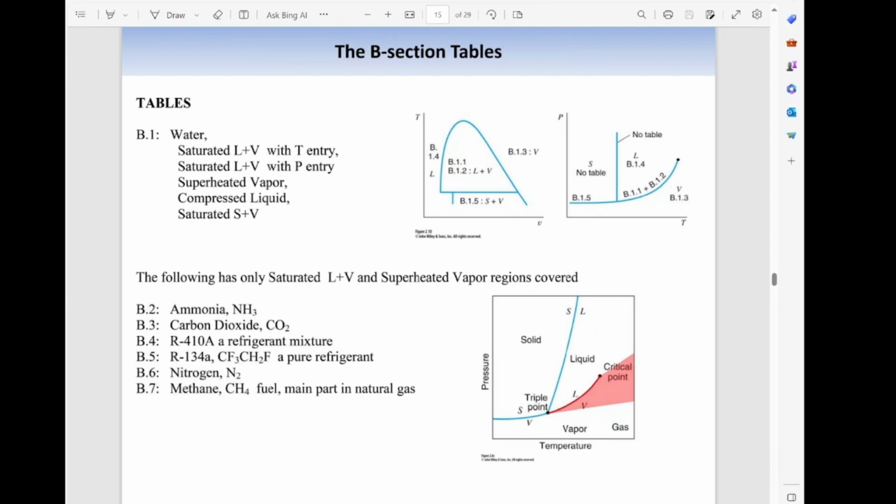Okay, and then the following have only saturated liquid and vapor and superheated vapor regions. These are the other tables in Appendix B.